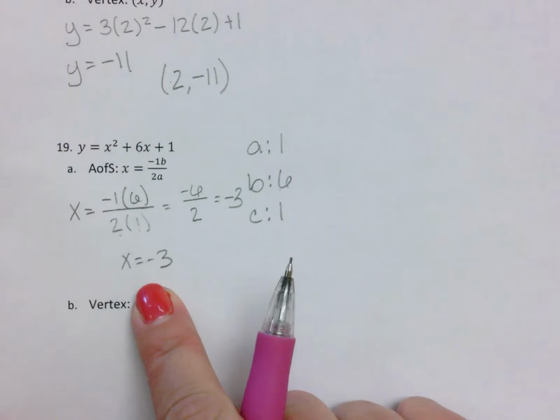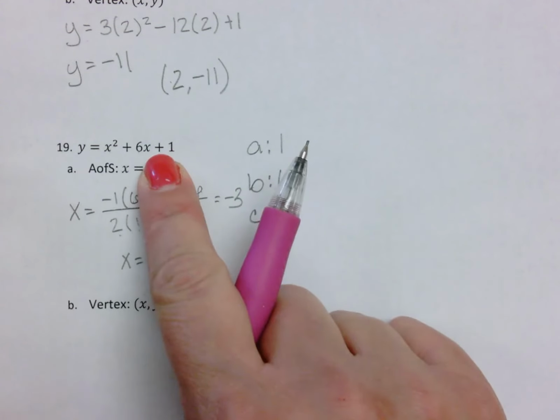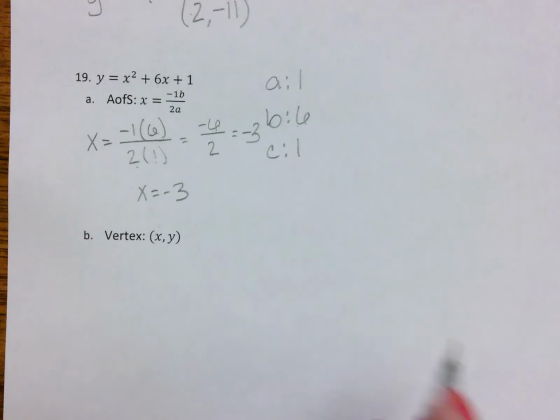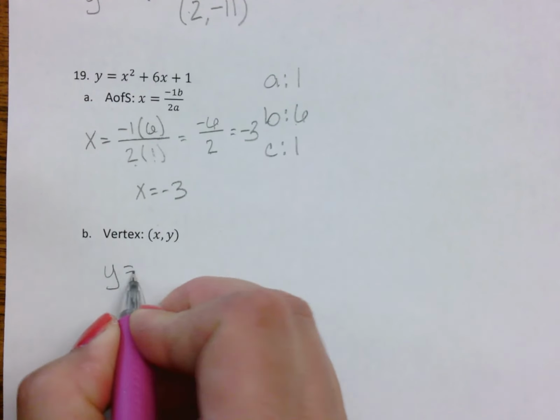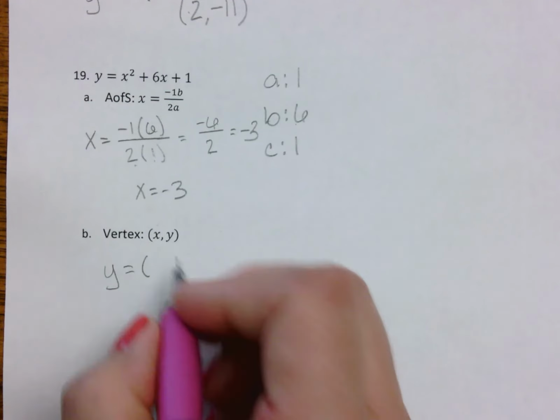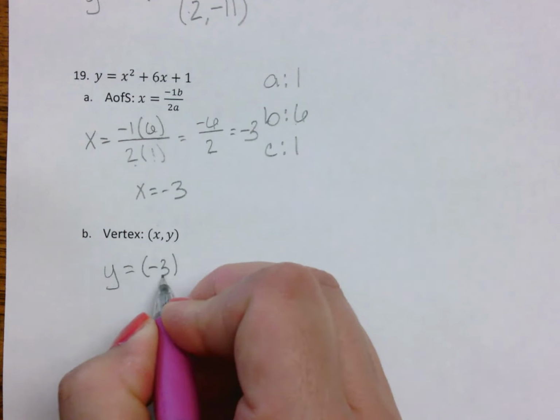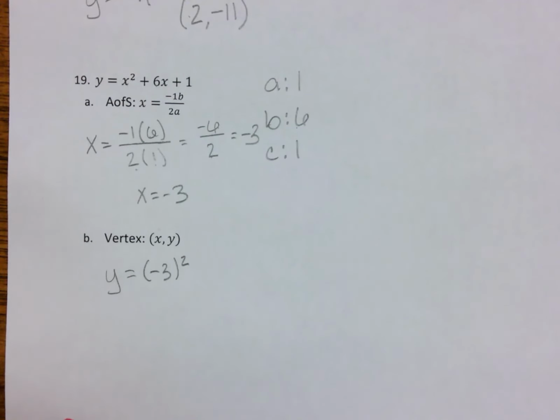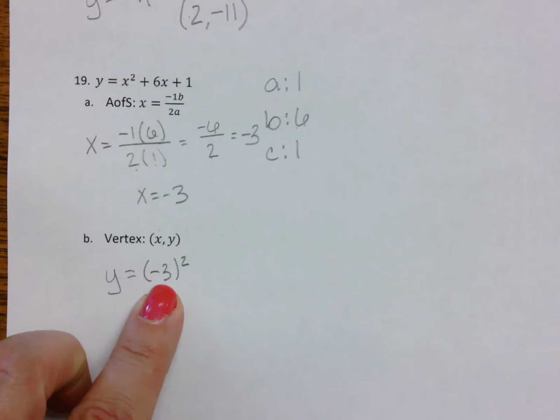And we're going to take this negative 3 and substitute it back into the original equation that we were given, the original function. So we're going to say y equals, and we're going to take the x out and put parentheses there and put that negative 3 inside the parentheses. It's really important that you put that negative 3 inside a set of parentheses because you want to know what negative 3 squared is.